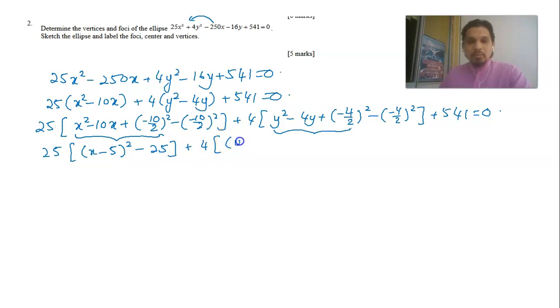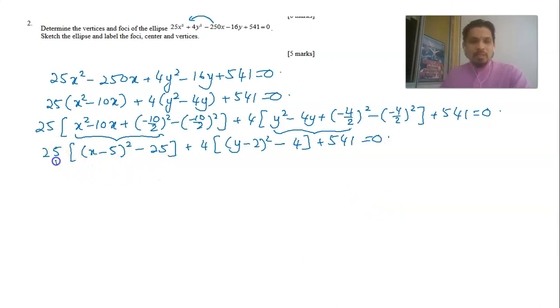So then here y, negative 4 divided by 2, negative 2. Negative 2 squared is equal to 4. Plus 5, 4, 1, equal to 0.